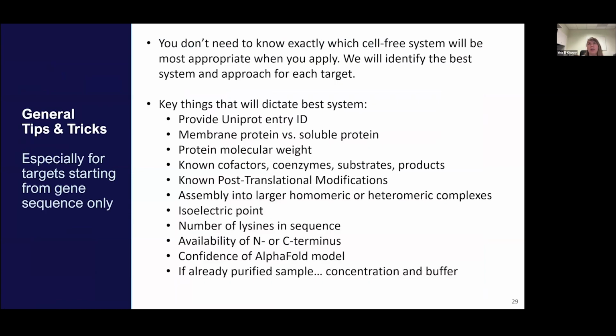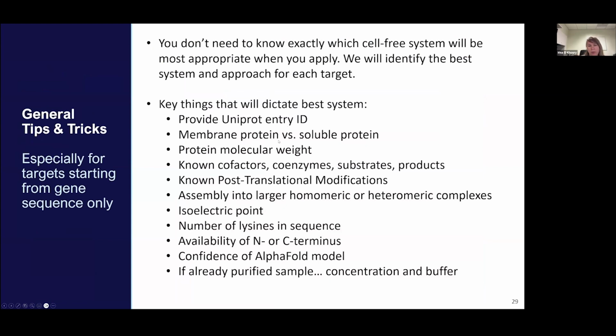And just to highlight general considerations we usually have when working with proteins: you don't have to know exactly which cell-free system will be the most appropriate for you. This is something we have to worry about on our side. We will identify the best system and approach for your targets. The minimal thing we want from you is the UniProt entry ID.